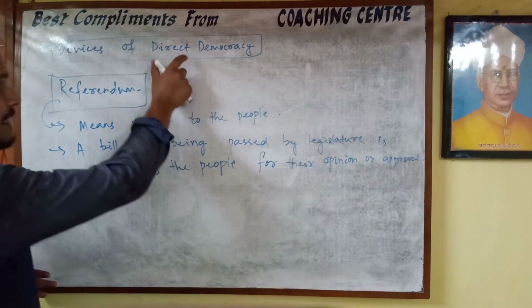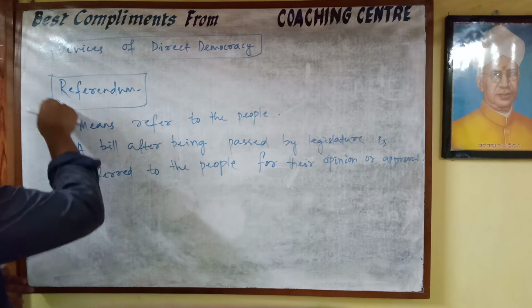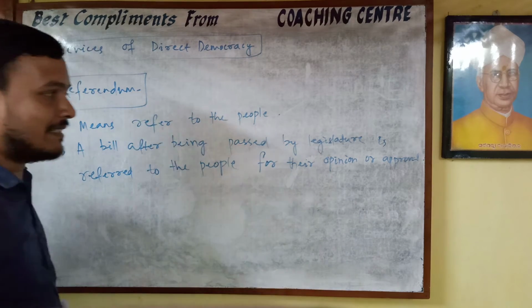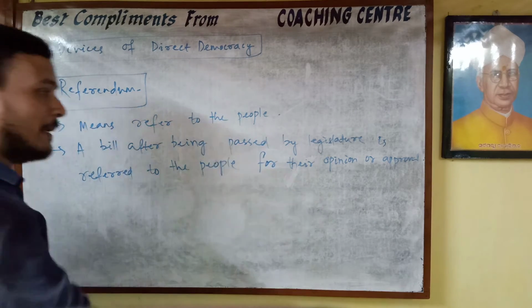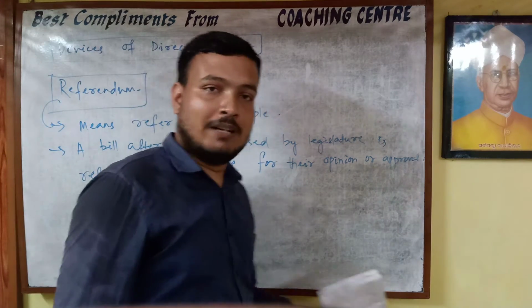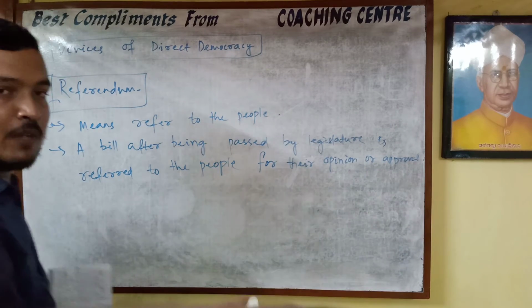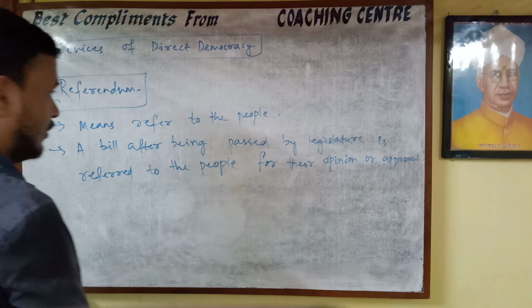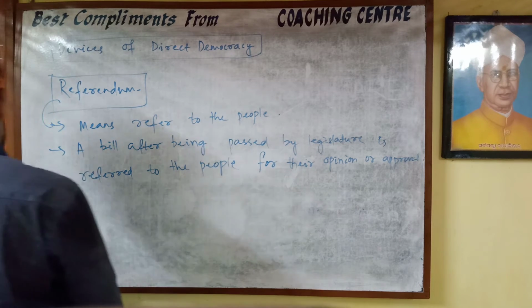Here I am discussing direct democracy, and one device is referendum. In this case, a bill after being passed in the legislature is referred to the people for their opinion and approval, whether it should be approved or not, or whether a certain amendment should be made in the bill, right?